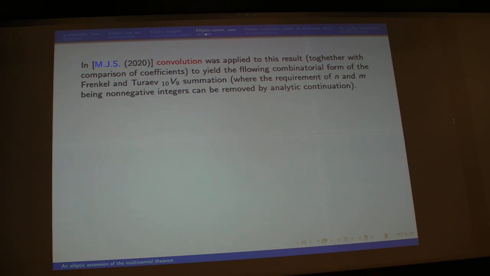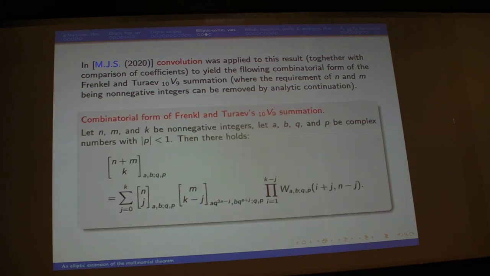Okay, convolution, here is the identity, it's the combinatorial form of the Frenkel-Turaev sum. It looks very much like a q-Chu-Vandermonde summation, like a convolution of binomial coefficients. Why I say combinatorial form is also because n and m are here integers in this model, but actually if you rewrite these expressions by their explicit products, you can replace n and m by complex numbers, as long as k is still an integer, a non-negative integer.